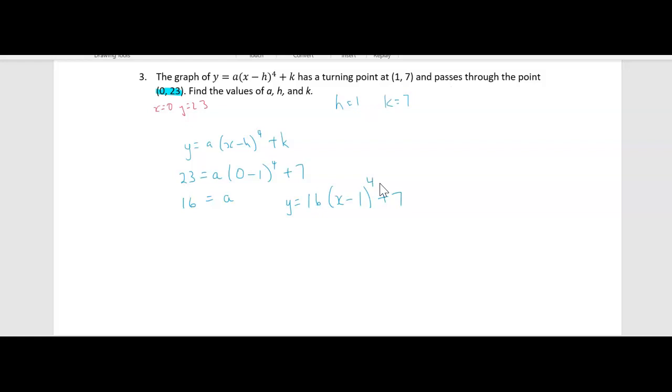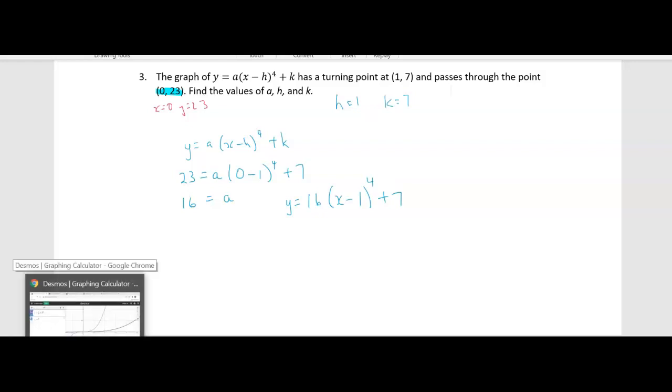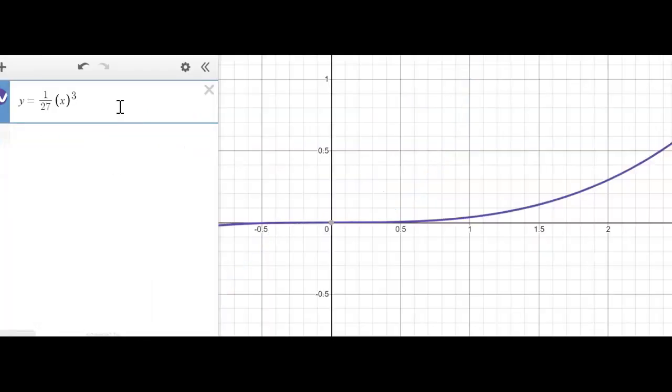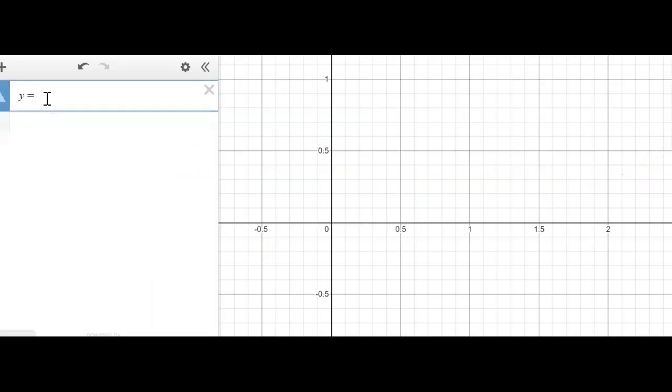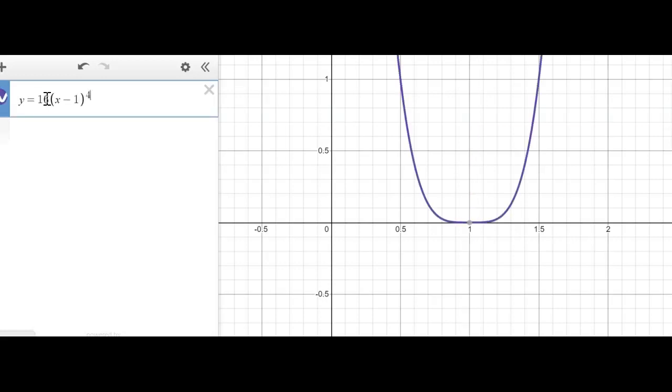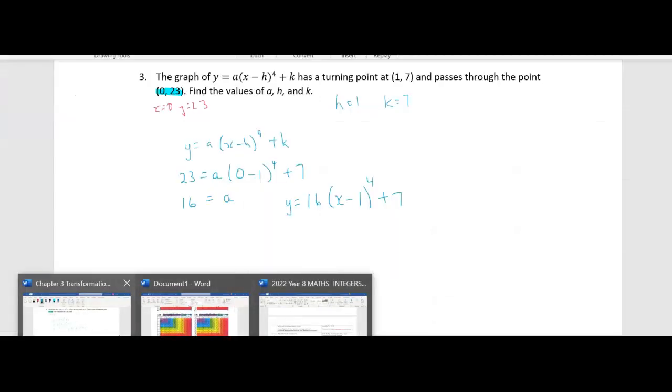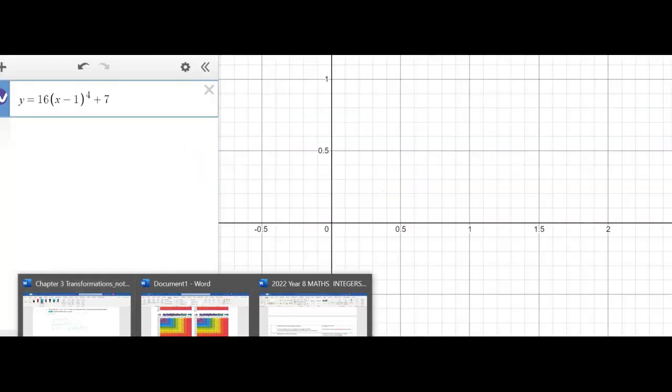All right, so if you're unsure, just substitute it in either into your calculator or Desmos. So I'm just going to do Desmos. 16(x - 1)^4 + 7.